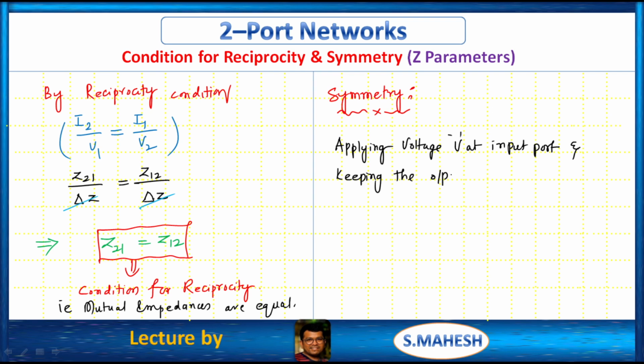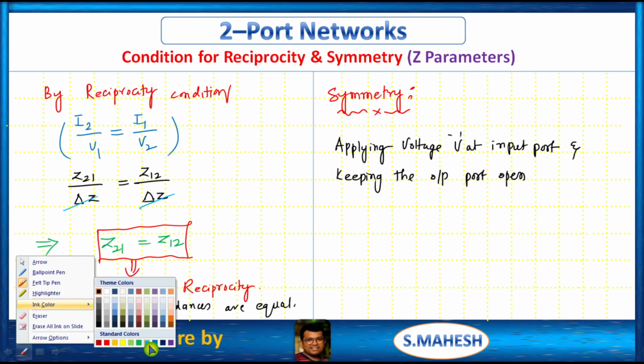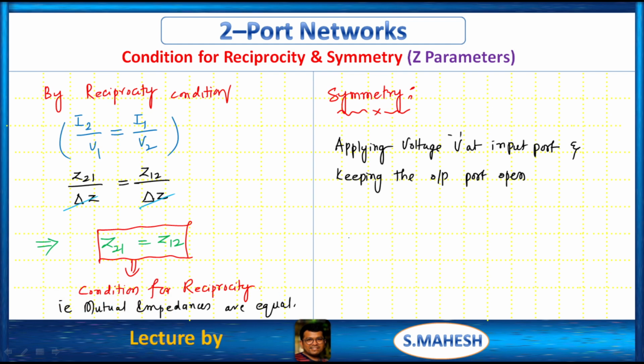Keeping the output port open, I2 equals 0. Therefore V1 equals Z11 I1 only. So not V1, it is only V, because we are providing only V.